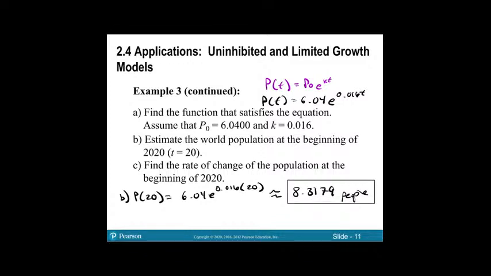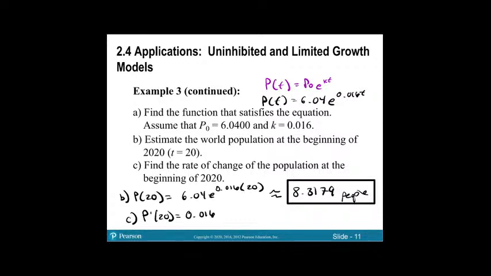Okay. And then for C, rate of change, right? So then P prime, basically we're looking for P prime of 20. P prime is going to be 0.016 times P of 20.